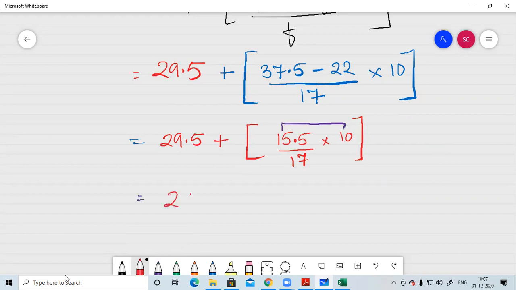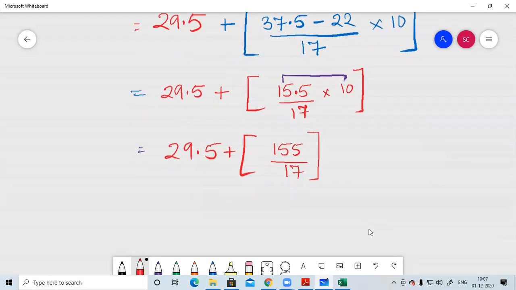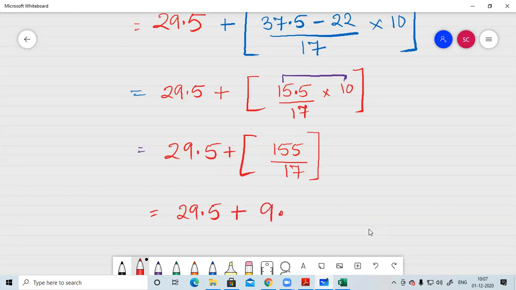So 29.5 plus 15.5 into 10, which gives you 155 divided by 17. So 155 divided by 17, you will get 29.5 plus 9.1176.